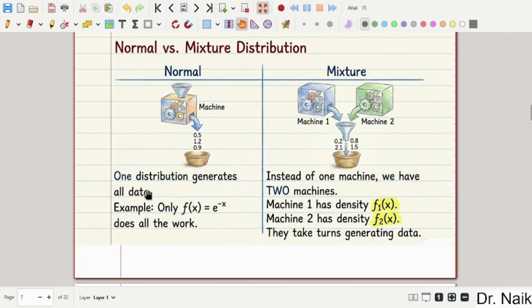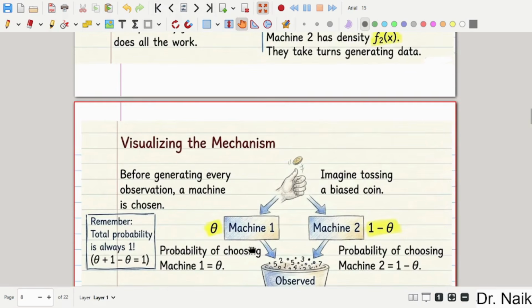Normal distribution. One distribution generates all the data. Example, only f of x is equal to e raised to minus x does all the work. In a mixture distribution, instead of one machine, we have two machines. Machine 1 has a density f1 of x and machine 2 has a density f2 of x. They take turns generating the data.